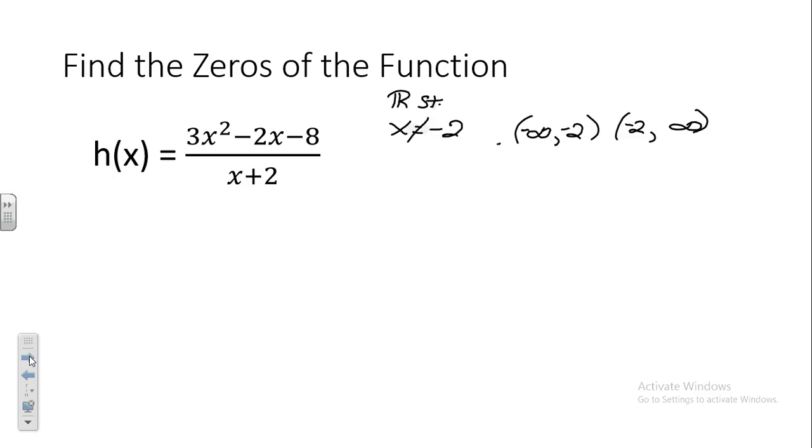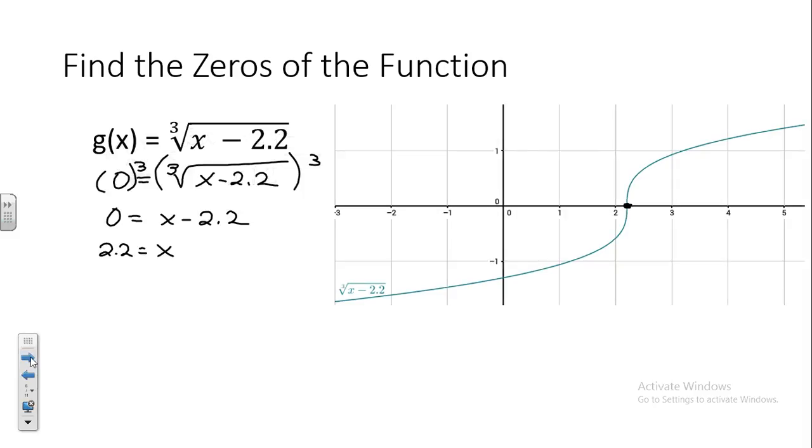All right, so what are we going to do to find the zeros of this guy? What does it mean to find the zeros? What did we do back here? So yeah, set it equal to 0.